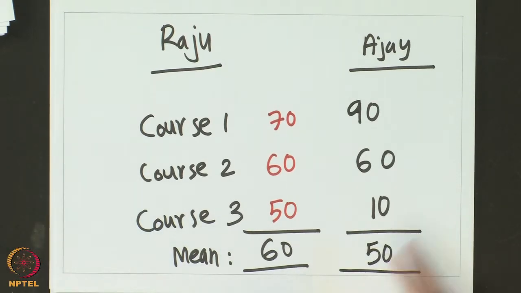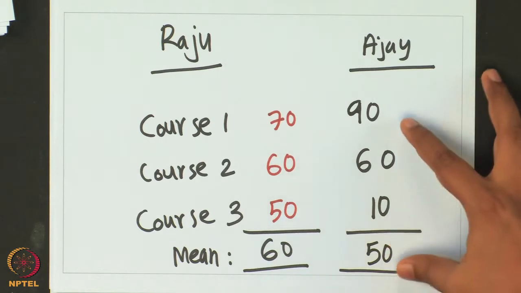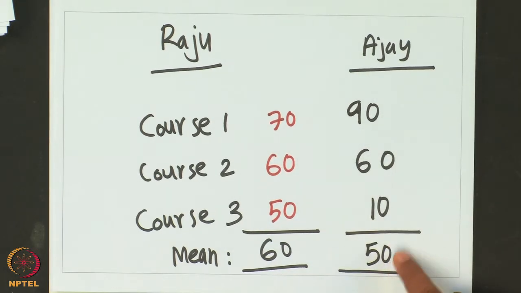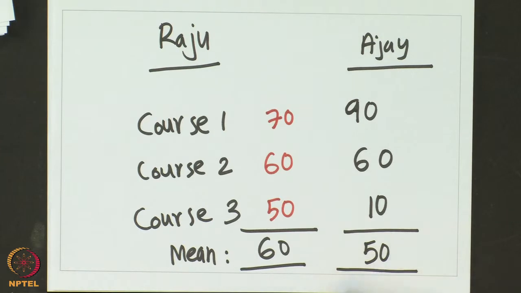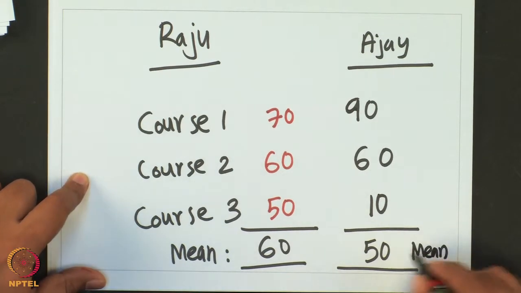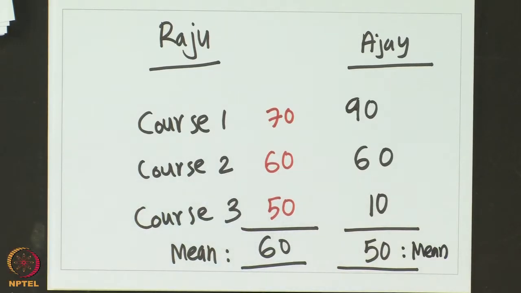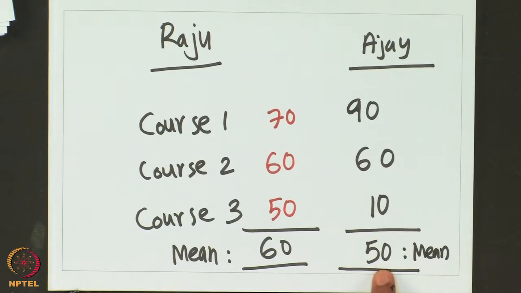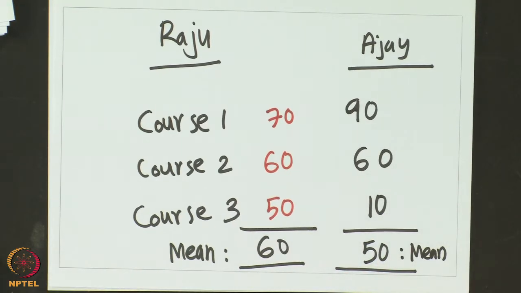So if Ajay says I got 50% marks on an average in 3 courses, the person who listens would think that okay, he did reasonably well, he got 50% marks.